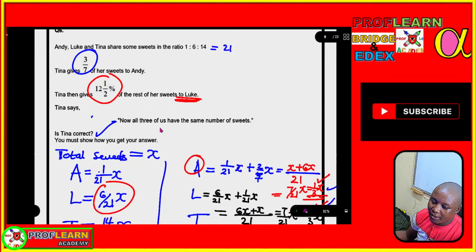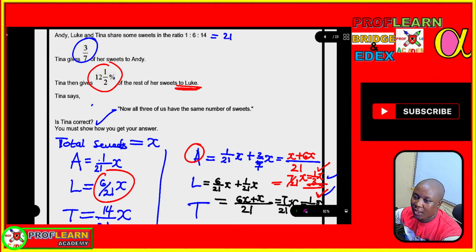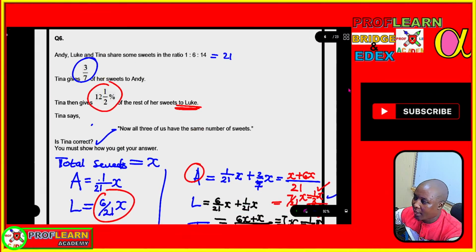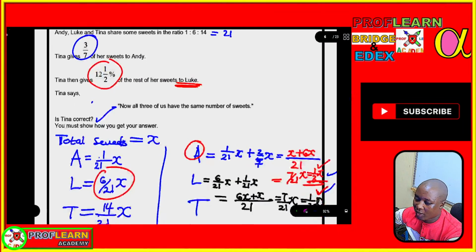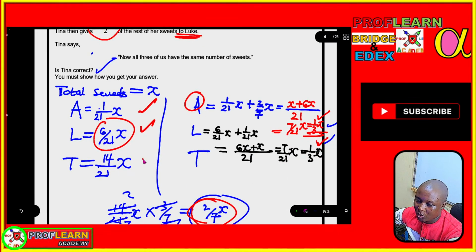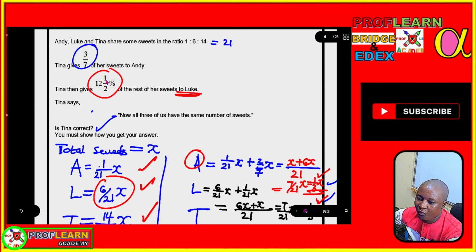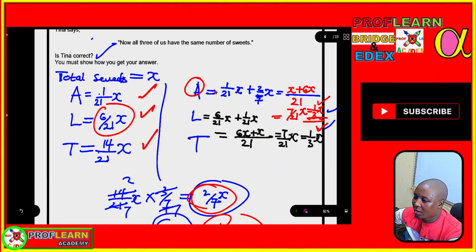We started by saying let the total amount shared be x. Then Andy is going to get 1/21 of that amount, Luke will get 6/21 of that amount, and Tina will get 14/21 of that amount. So their shares are as shown here. Then we are told that Tina gives 12.5% of 3/7 of her sweets to Andy, which I did here.